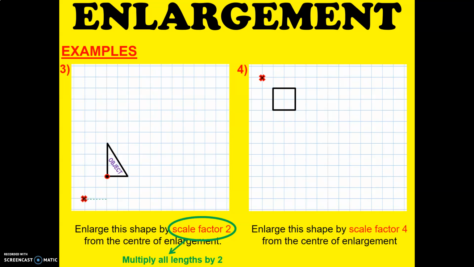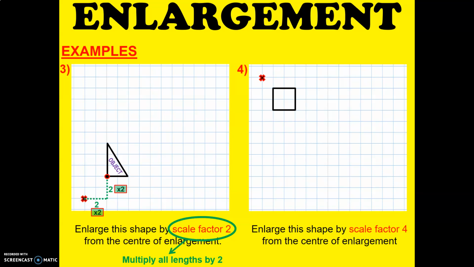And then draw a line going to the center of enlargement. So from the point of the object to the center of enlargement, we see 2 units down and 2 units to the left. So those 2 units we have to multiply by 2.